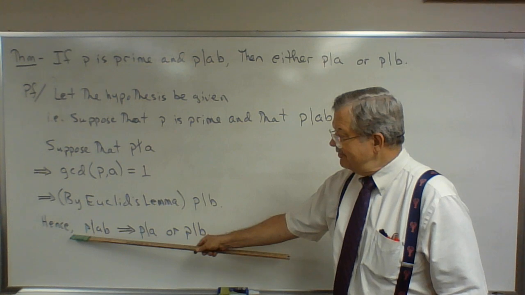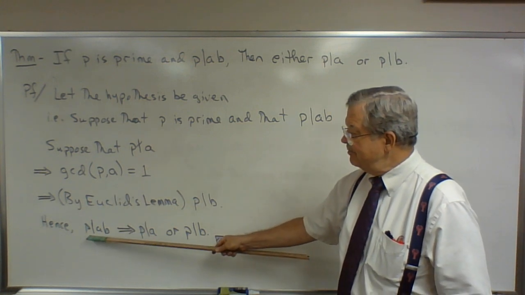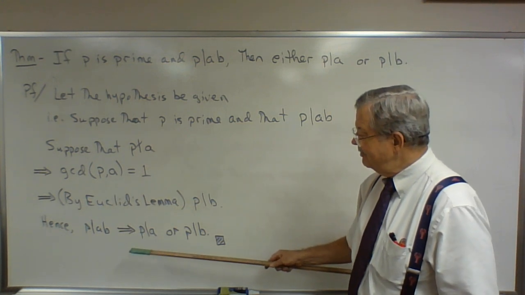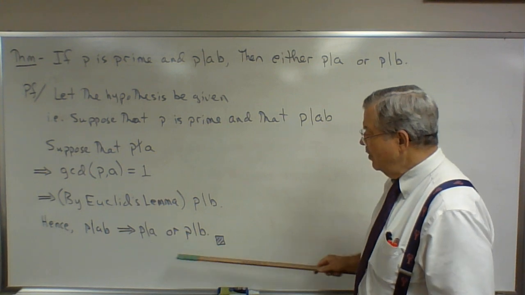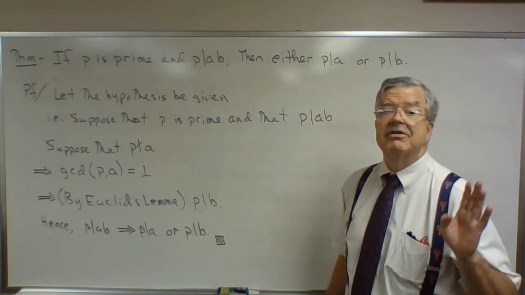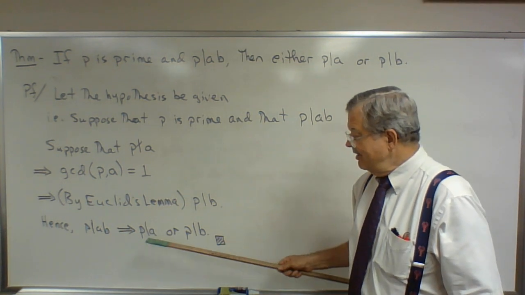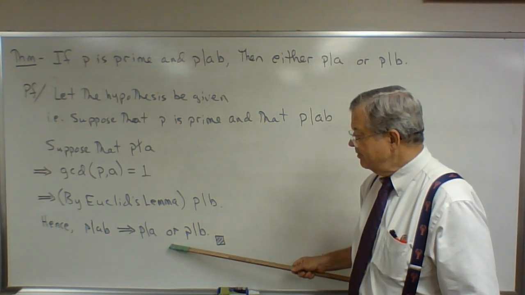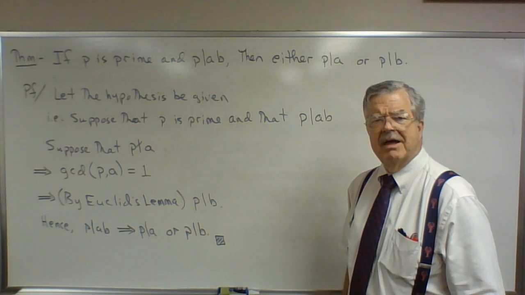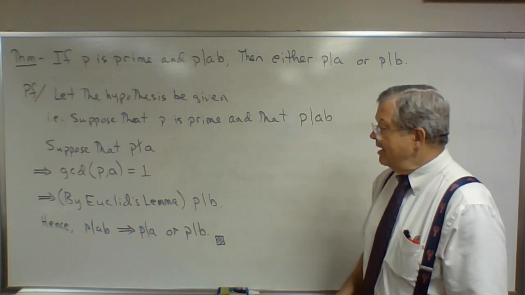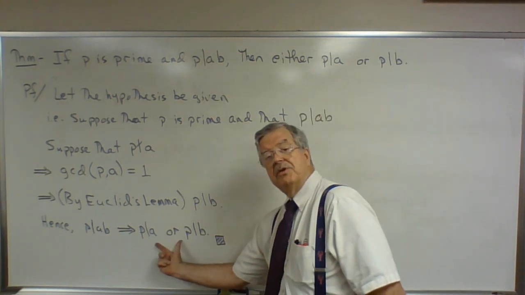What we've essentially done here is we've said P divides AB implies P divides A or P divides B, which is exactly what I proved. If this is true, then this is true. Well, did I really prove that? Yeah. Because I proved that this couldn't be false.